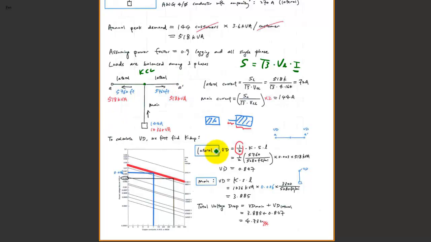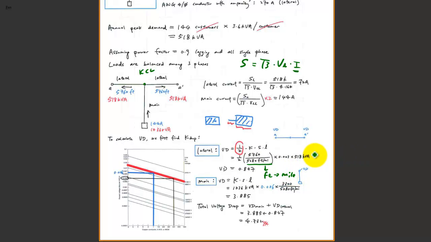So to find out the voltage drop on the lateral between these 2 points, first we have to use the half equation multiplied by the K factor times the S value times the distance. This is a conversion from feet to mile. Why?